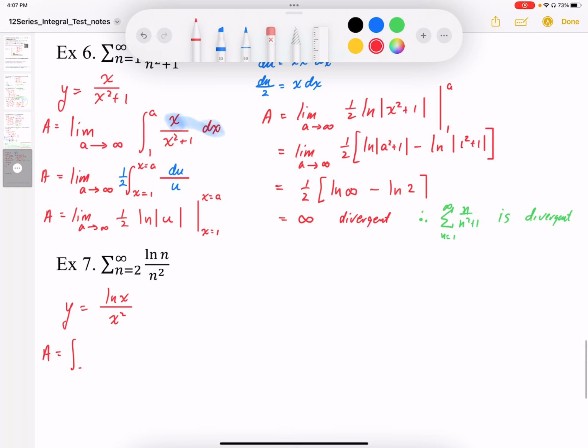So we're going to start at n equals 2 to infinity. And in this case here, I should set it as a limit first. That's a limit as a goes to infinity from 2 to a.